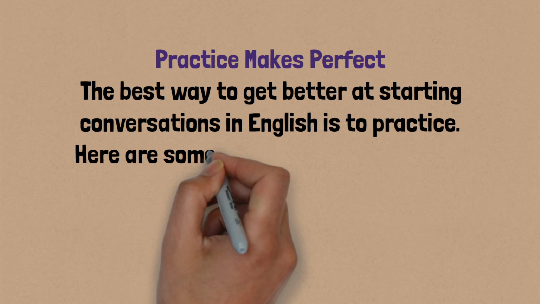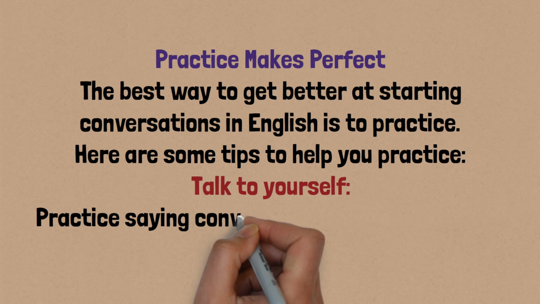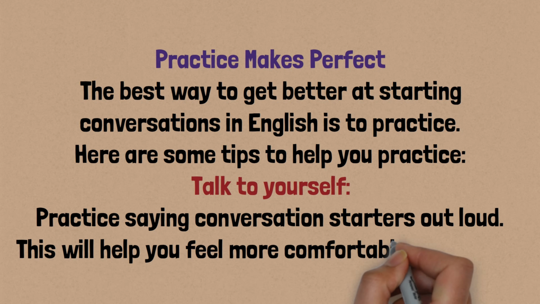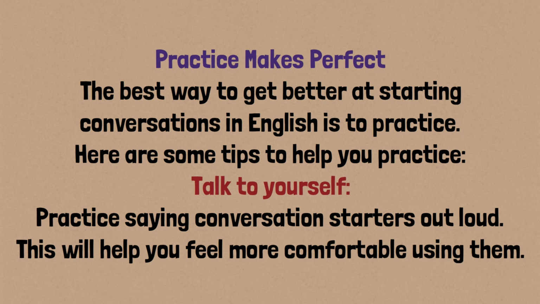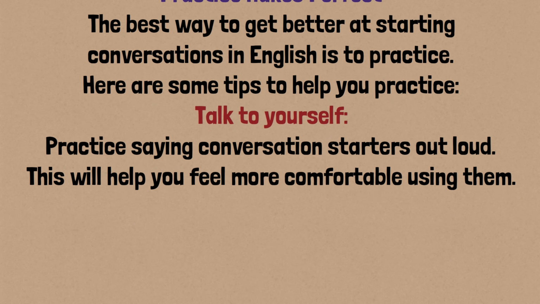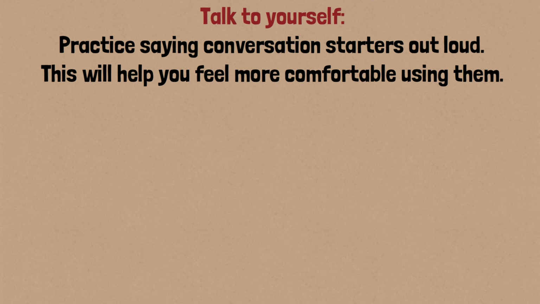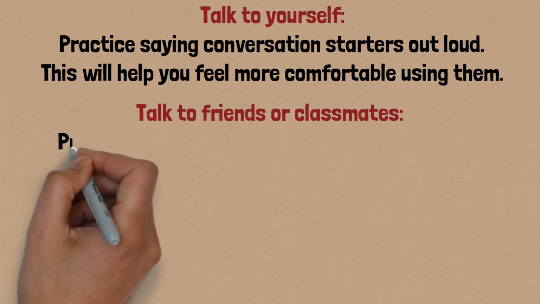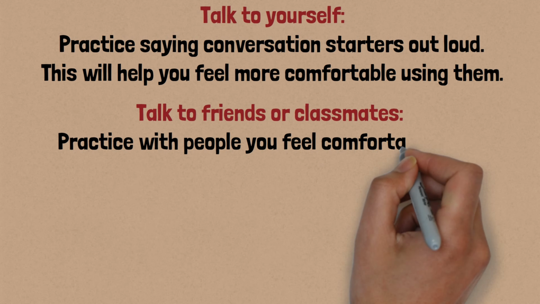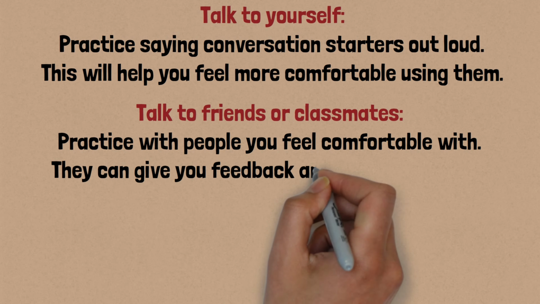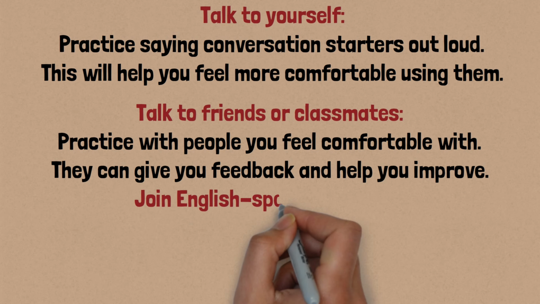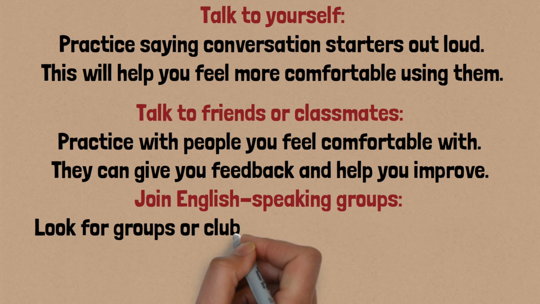Practice makes perfect. The best way to get better at starting conversations in English is to practice. Here are some tips to help you practice. Talk to yourself. Practice saying conversation starters out loud. This will help you feel more comfortable using them. Talk to friends or classmates. Practice with people you feel comfortable with.